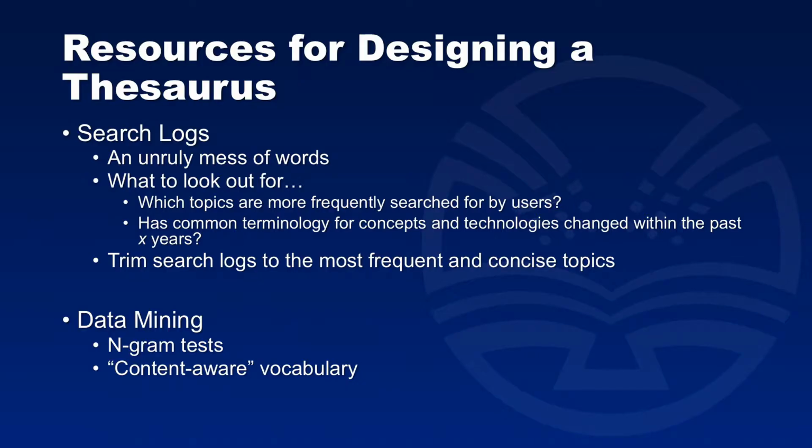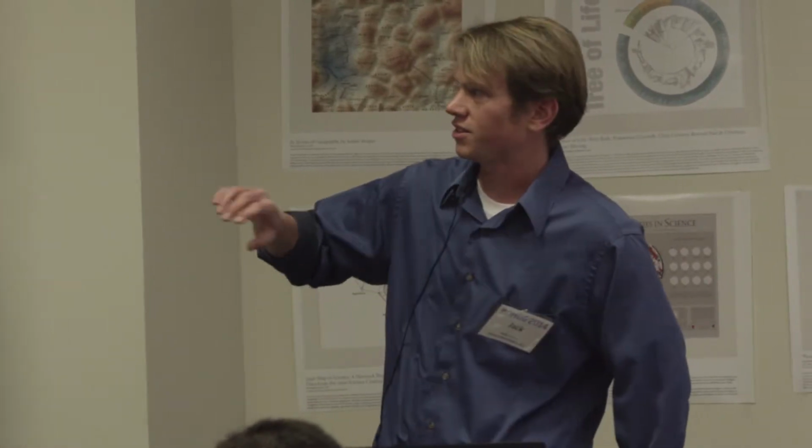For an unsorted list, we have search logs, which are very, how do I put it, messy. When we look at search logs, what we're trying to identify are areas that people are searching for, topics of new interest, topics of repeat value, and just search terms that are always entered but maybe not quite met.